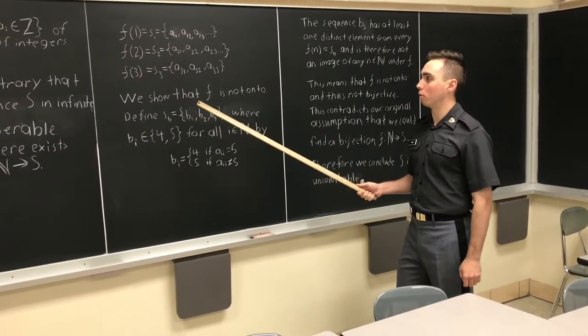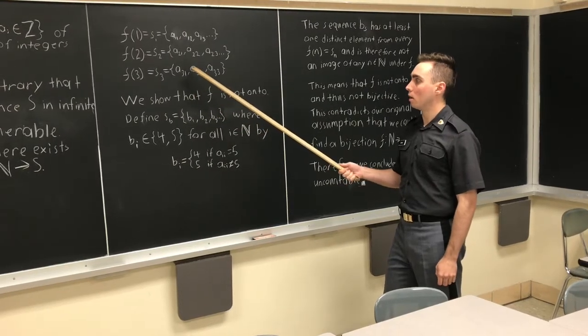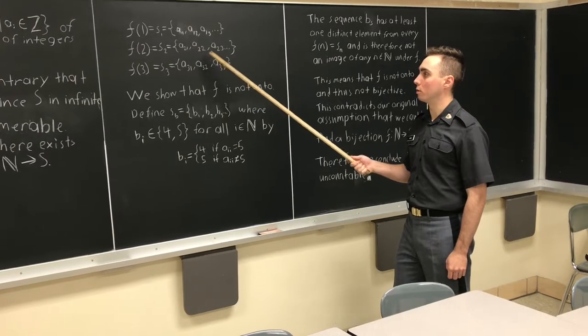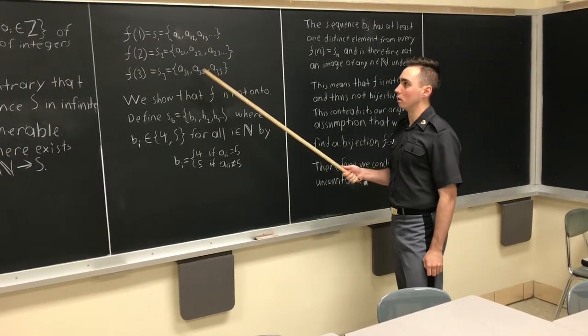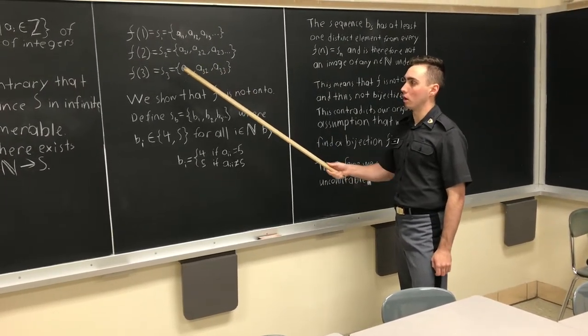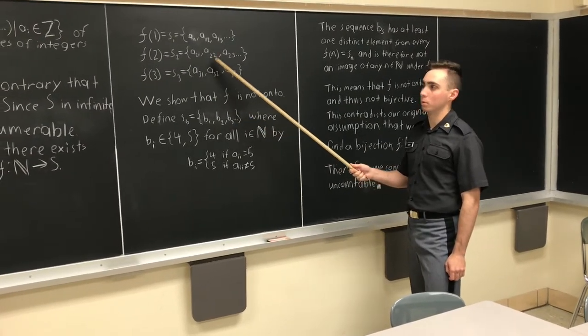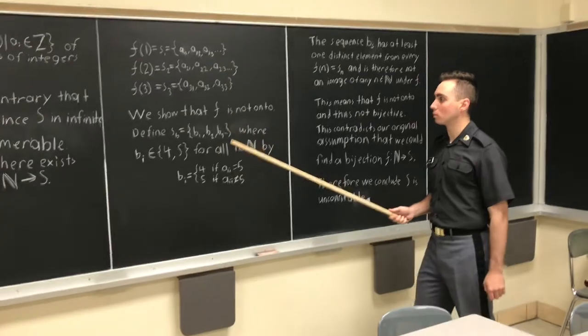So for example, for f of 2, we have a sub 2,2, which means that it is in the image of the natural number 2, and that it's in the second position in that sequence.